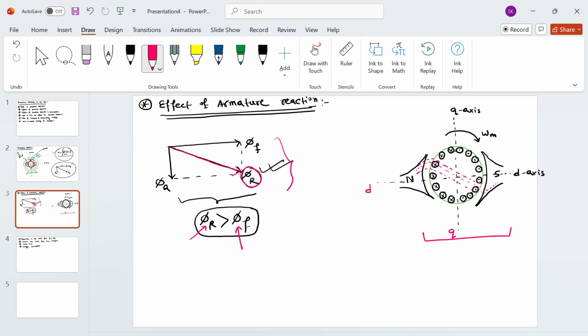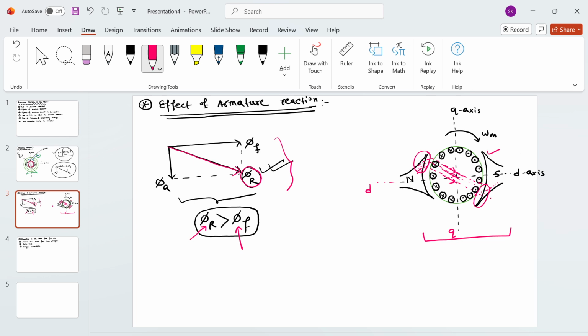So this is my direction of the resultant flux. At the pole tips, in the case of the north pole, at this pole tip the number of flux lines is more, and in the south pole, here the number of flux lines is more compared to the other pole tip.